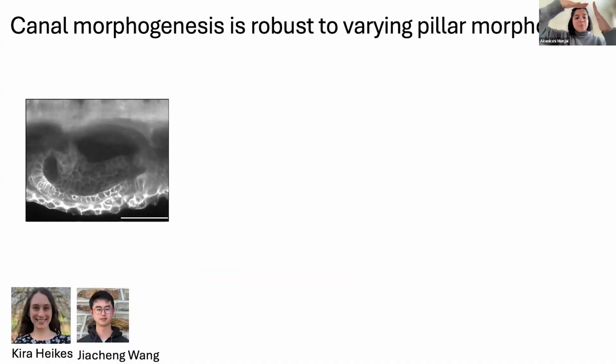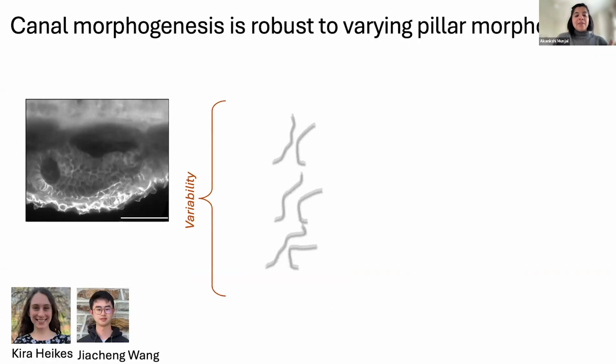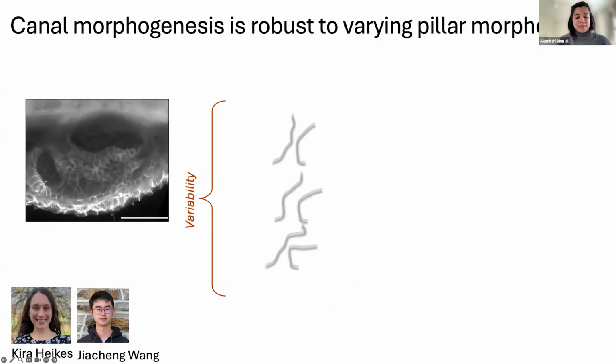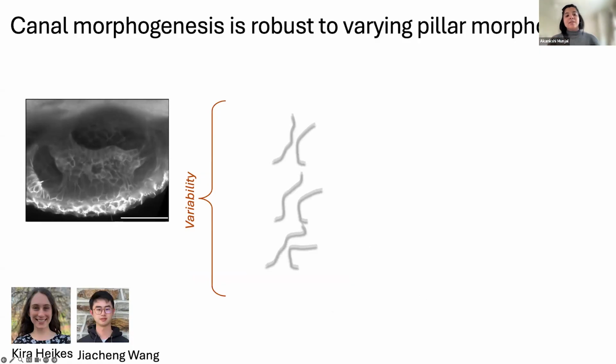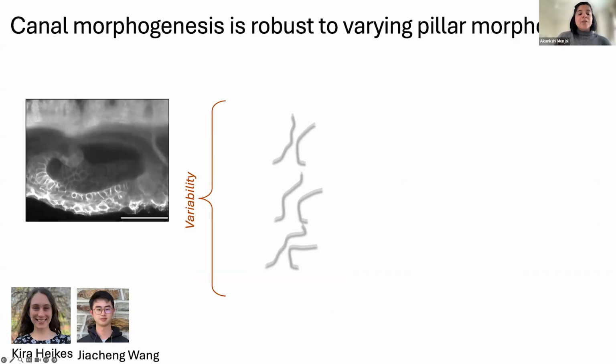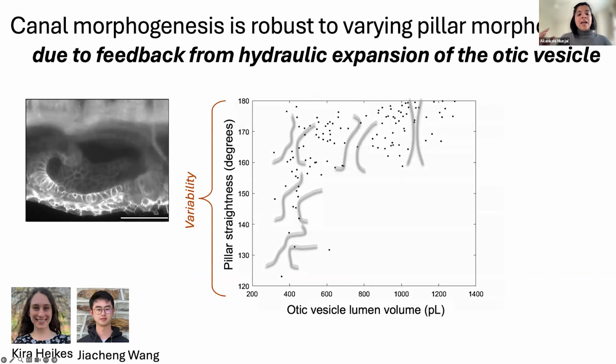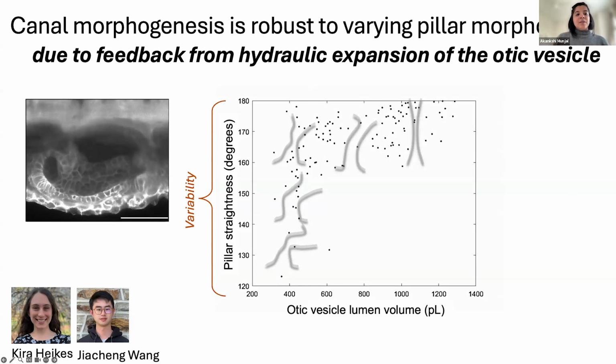So the buds can approach each other at many different angles, and they still fuse, and they can form pillars that look all kinds of shapes. Like they're not straight, they're bent, in many different ways. And over time, what we observe is the pillars straighten out. This is in conjunction with the overall expansion of the aortic vesicle.